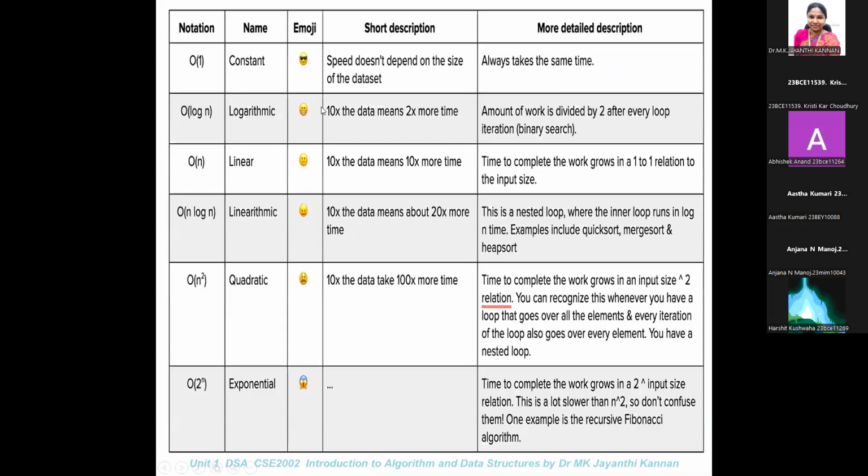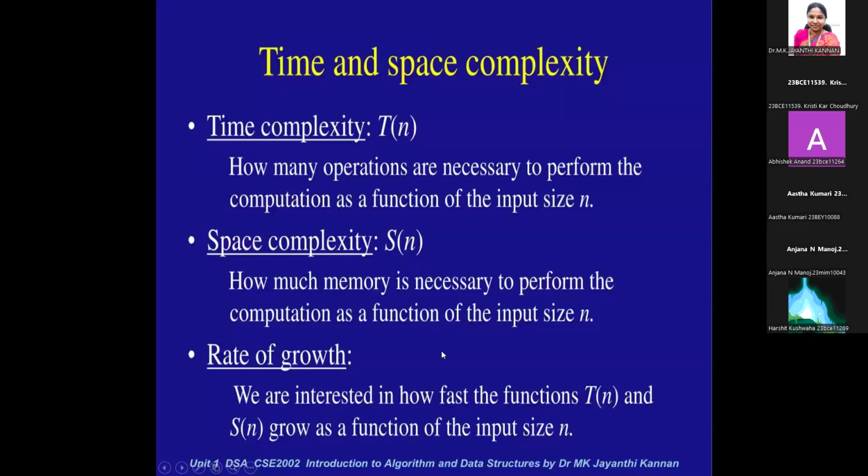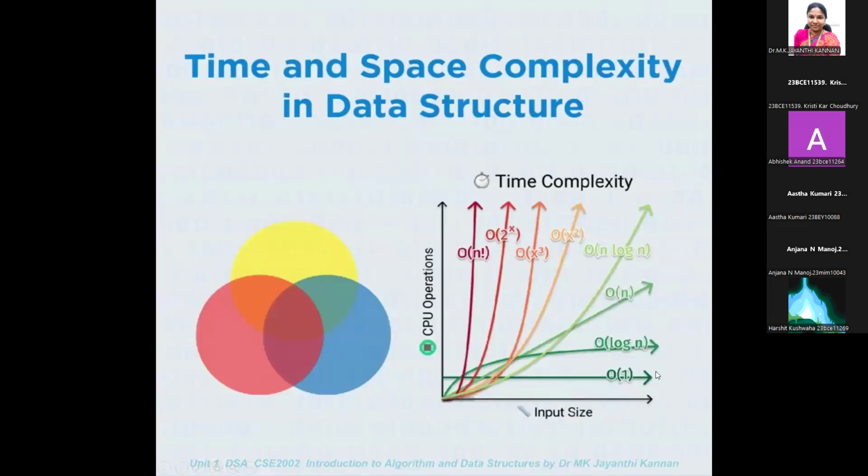The time complexity can be categorized as constant, linearly increasing, quadratically increasing, and exponentially increasing. From this diagram, it is constant, always order of 1, with respect to the number of inputs and CPU time.